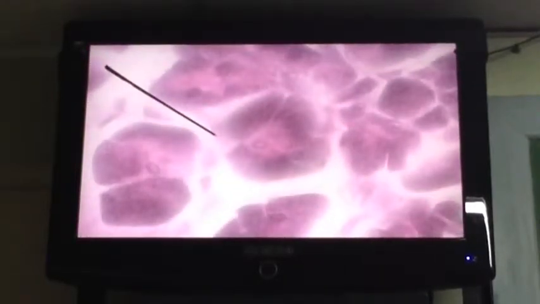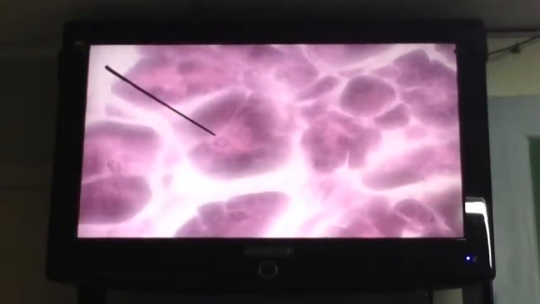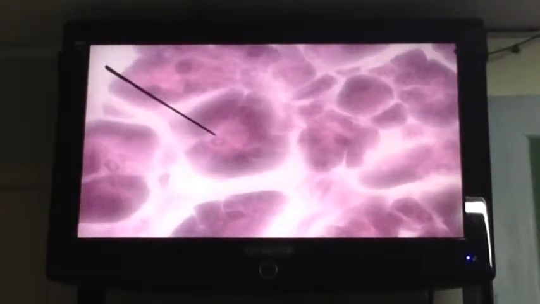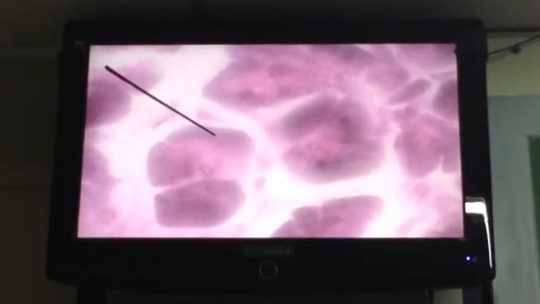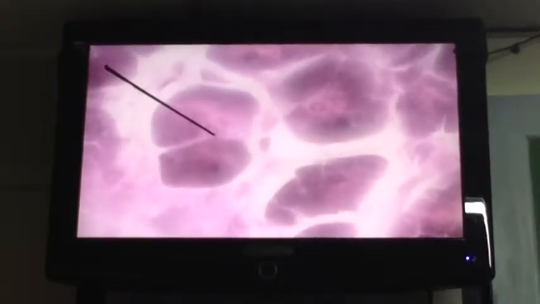Like stem cells in the center of the acini, so these are the centroacinar cells, located in the center of the acini. That's the name, centroacinar. So it's actually part of the duct that will drain the acini.